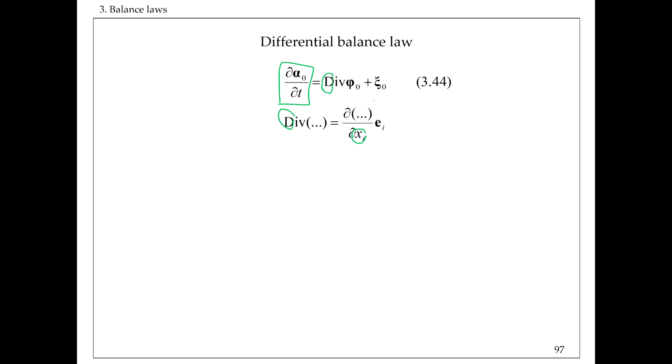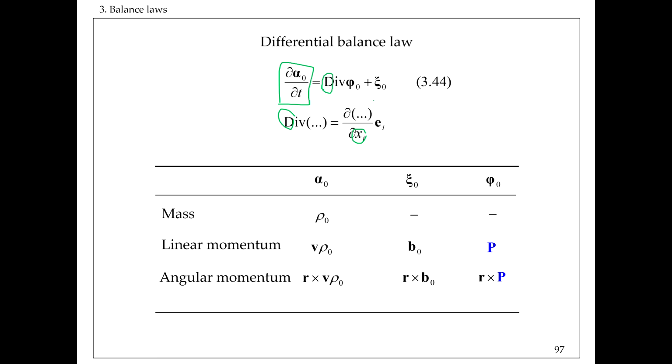So we have rho 0 for that, and again, that is related to rho through multiplication with J. So we can directly obtain the relationship between the mass density in the reference and current configuration, just by multiplying it with J. That's a factor for us.